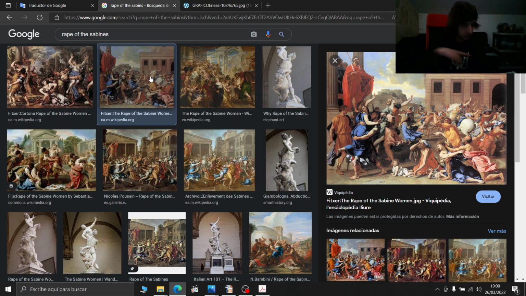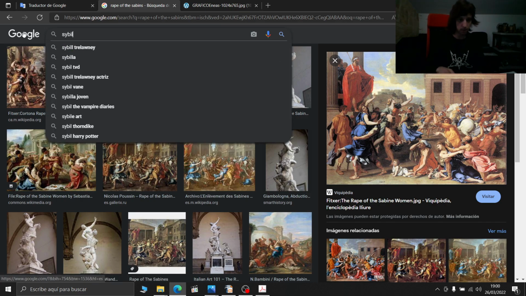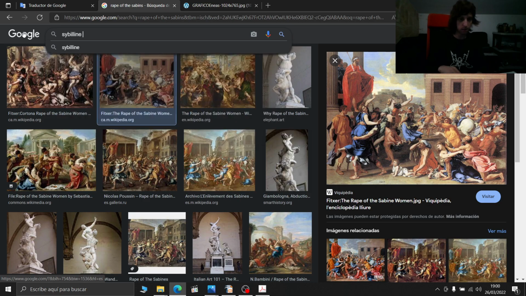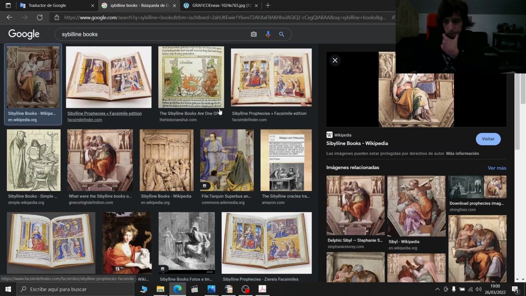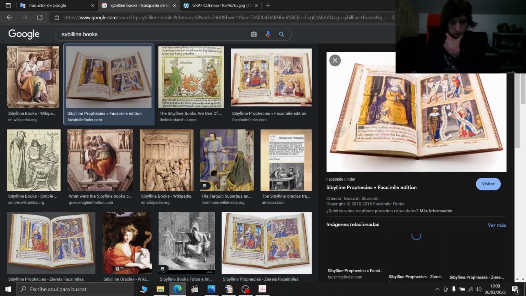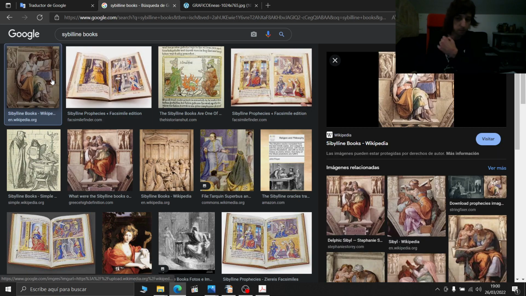Another is about the Sibylline books. Not sure if there is a painting about this. This is from Michelangelo. Well, the Sibylline books are books with great knowledge and prophecies, very important books.